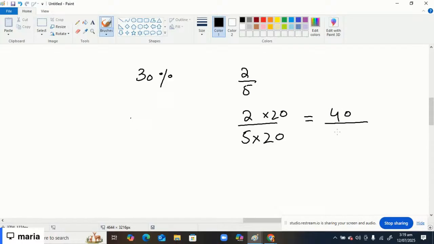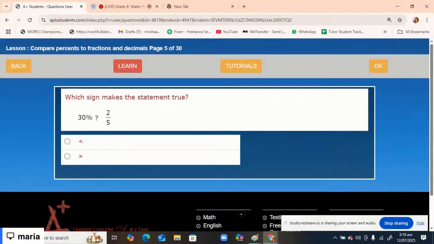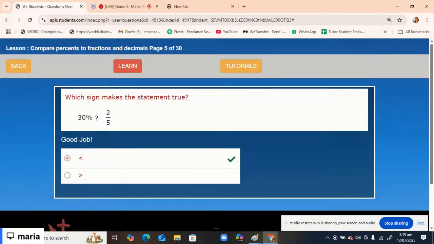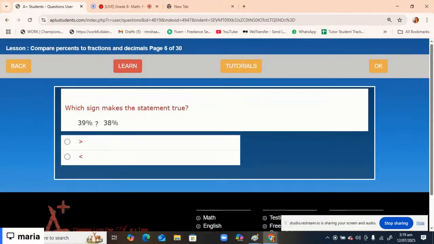That is 40 over 100. This is 40%. So here the answer is 30% and here is 40%. So 40% is greater. This is less. Okay, this is the way that we solve it. Now you guys try to solve this one and then tell me the answer.